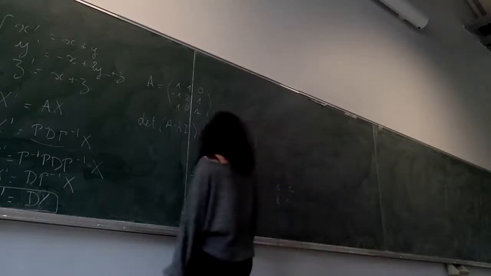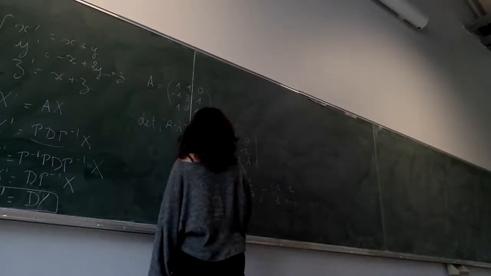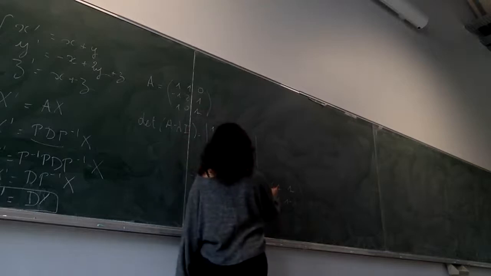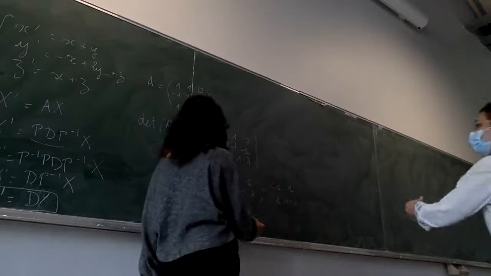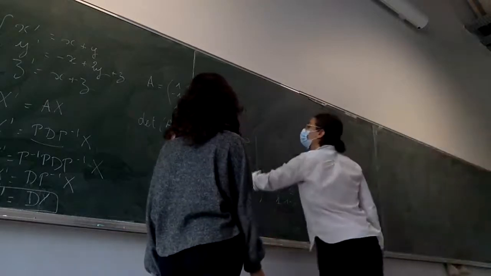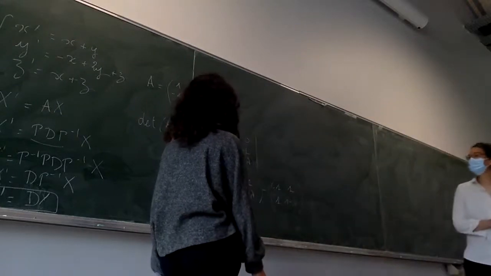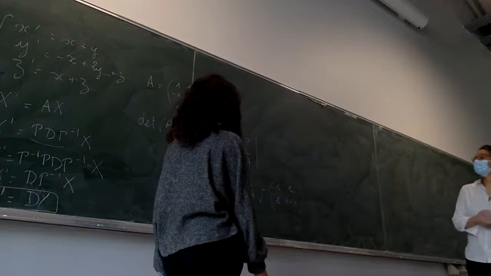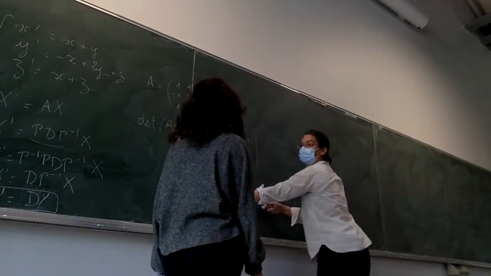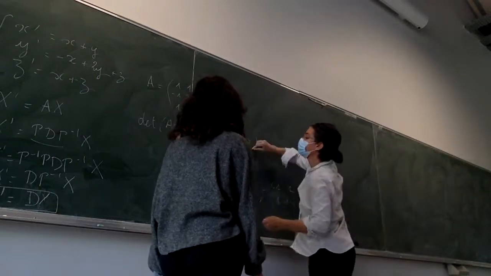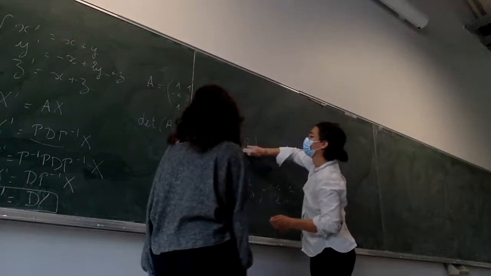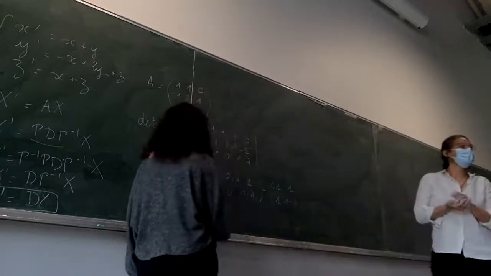Which one are you using to expand? Which are you expanding? Usually, by default, I do it with respect to the first column, but you expanded it using the first row. Just state it.